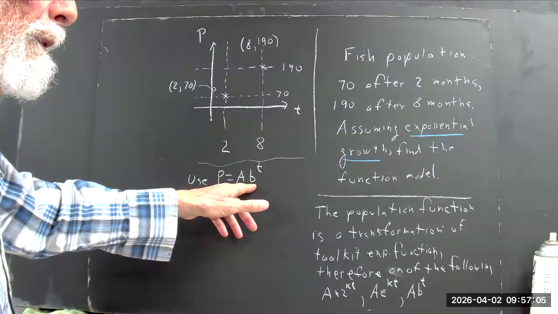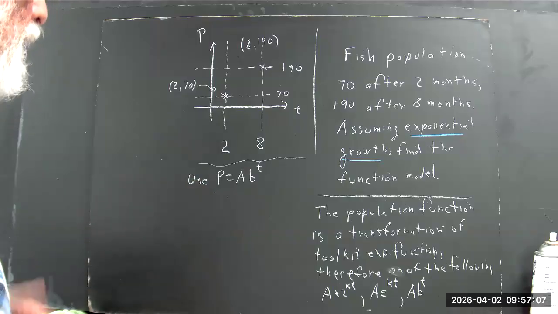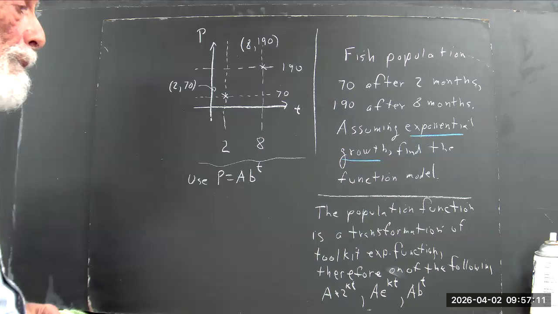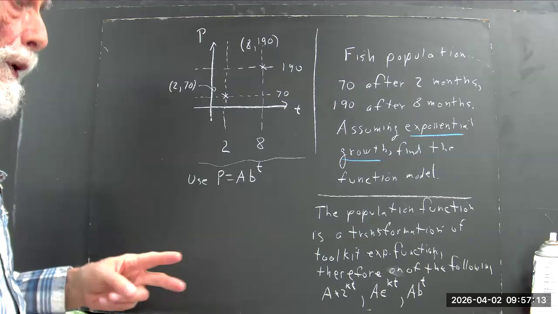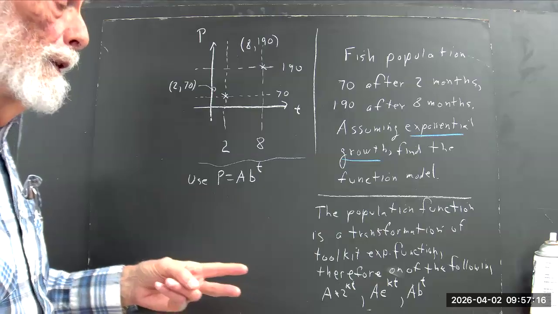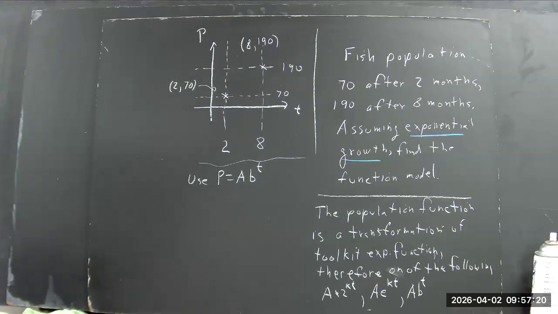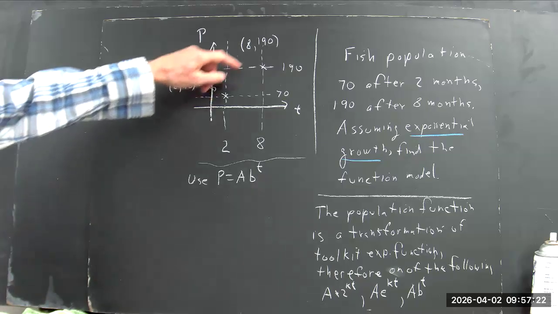What's the value of b? Stop and see if you can get 2 simultaneous equations in 2 unknowns. These equations will be pretty easy to solve. So see if you can write down the 2 equations and 2 unknowns that correspond to this situation. We've got 2 points on the graph.